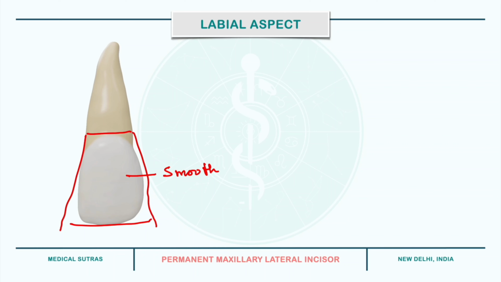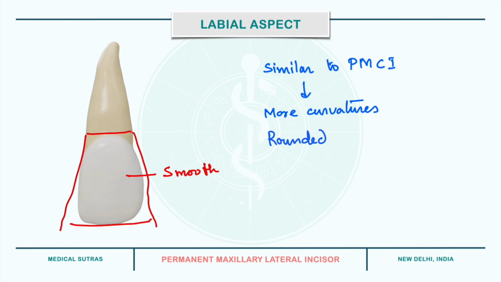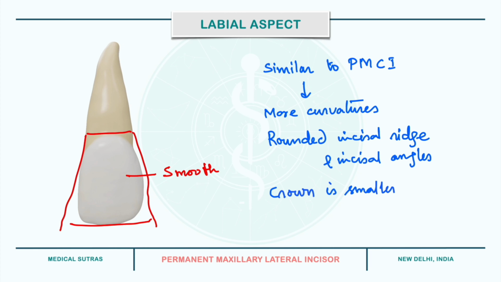The tooth appears similar to the permanent maxillary central incisor, but it presents more curvatures when compared to the central incisor and has a rounded incisal ridge and incisal angles. Also, the crown is smaller in all dimensions when compared to the central incisor.